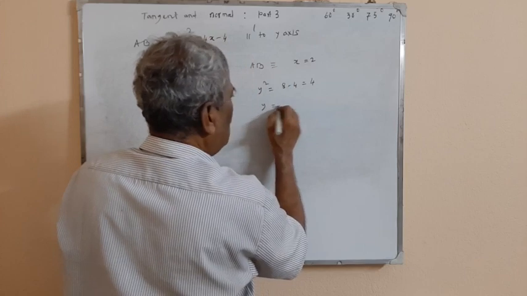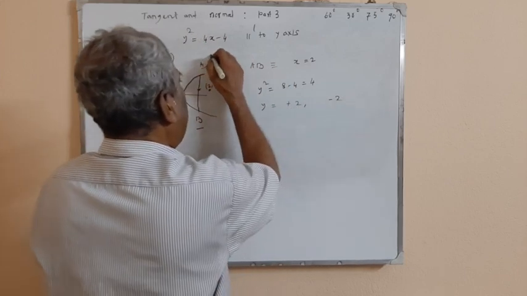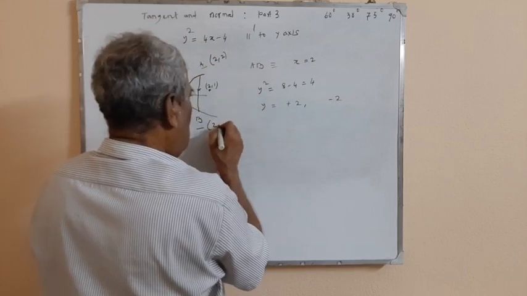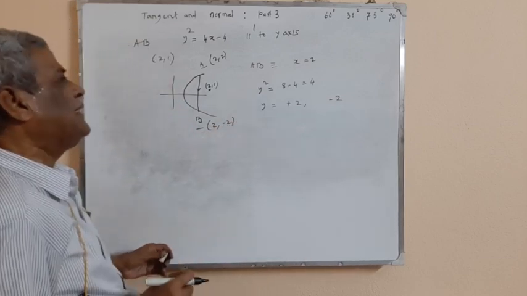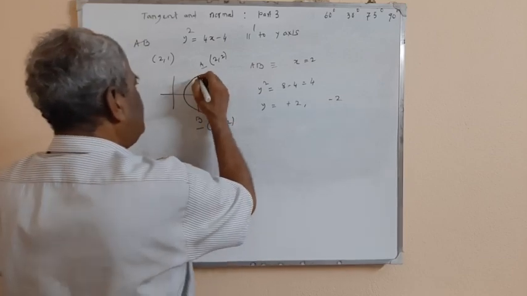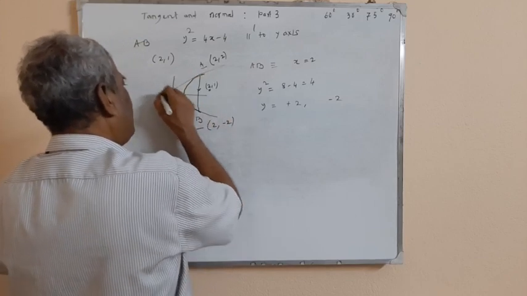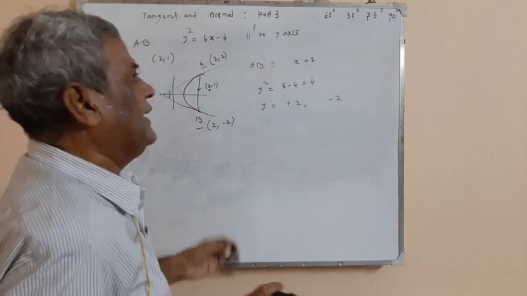So y is equal to plus 2, minus 2. So point A is 2, 2 and point B is 2, minus 2. Now two tangents are drawn there. The angle between the tangents, we have to find that.